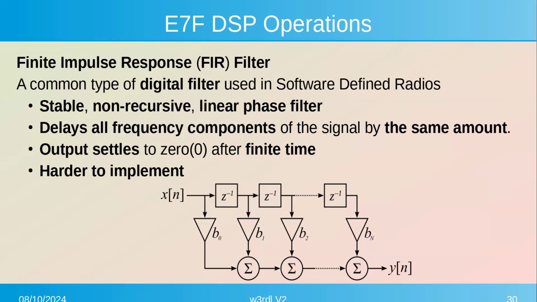So every sample that comes in gets shifted down, and you're multiplying it by that set of coefficients. And each one of those stages is called a tap. Actually, I don't know why, but that's what they call them.